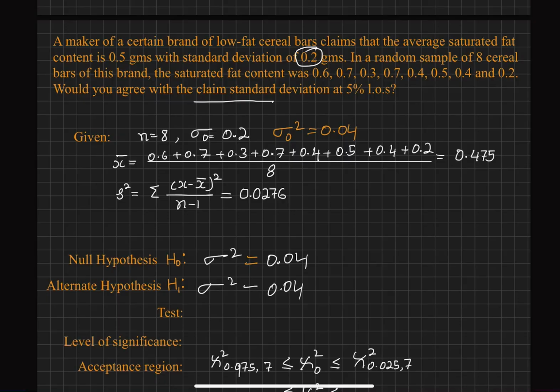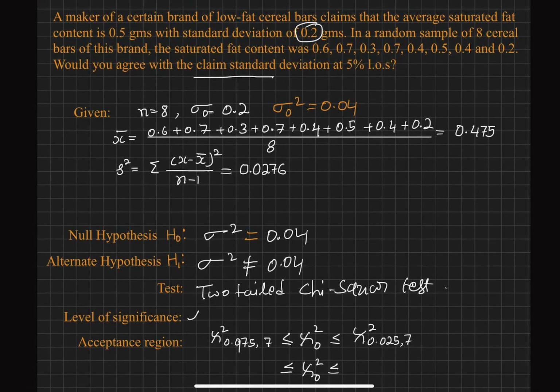So here the alternate hypothesis will be sigma square not equal to 0.04. From this we can observe we are going to apply a two-tailed chi-square test.